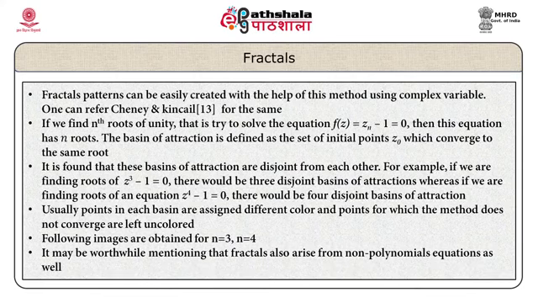This is how we color the region with different colors, and so we get disjoint basins of attraction, and when we look at them, they give rise to fractals. The URL is mentioned in the references, one can look at the URL to see how to go about generating fractals for finding nth roots of unity. Even non-polynomial equations can be used to generate different fractals. So, that is just for fun.